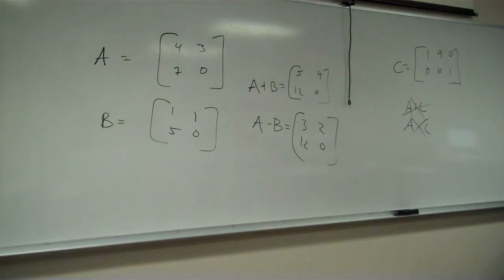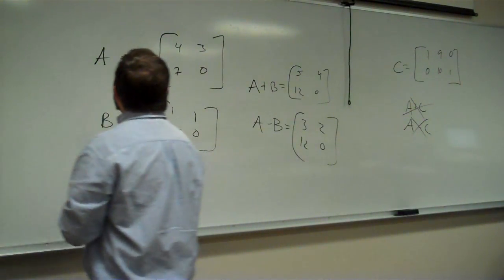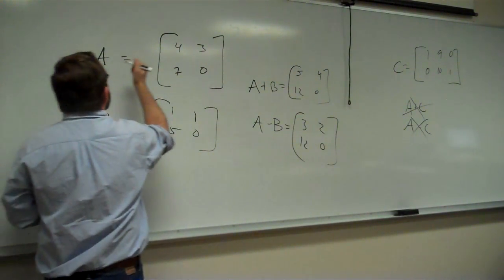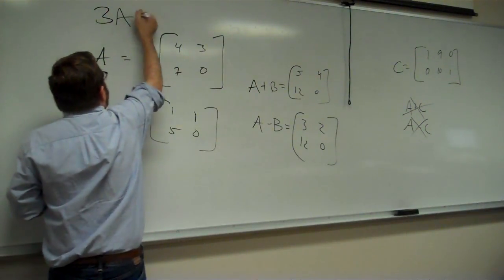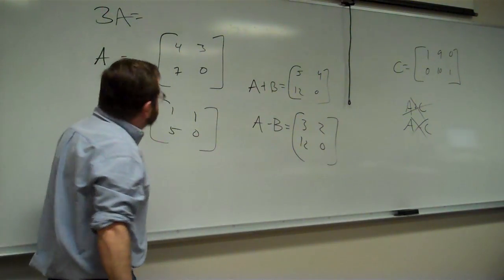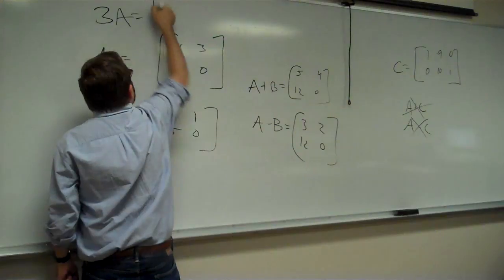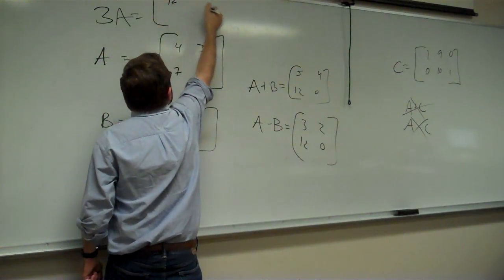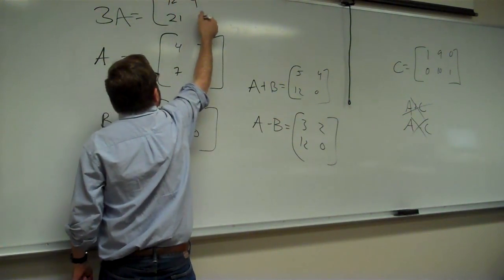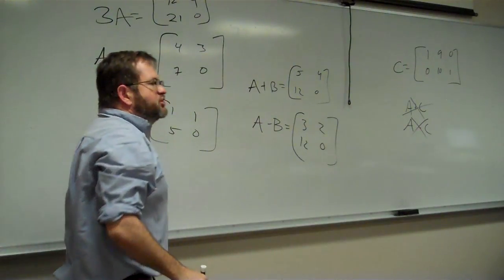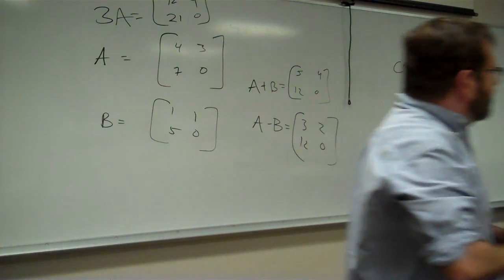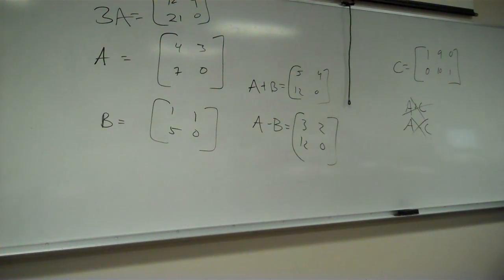No big deal. Can we do something like multiply these matrices by a number? Can I take 3A? Yes, you sure can. And what is it? 12, 9, 21, 0. All you do is multiply each part of it by the scalar that's on the outside, the number that's on the outside. It scales the matrix.